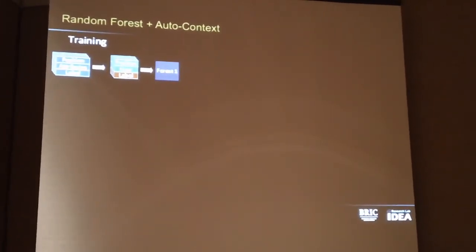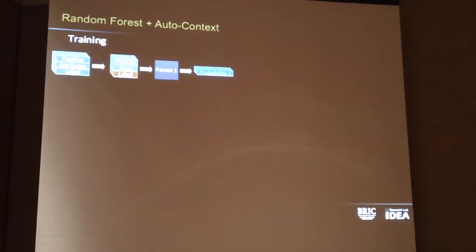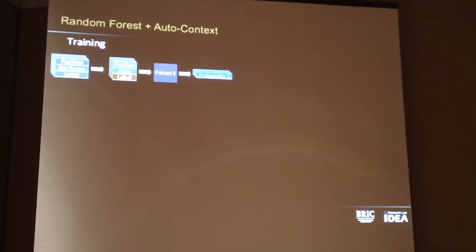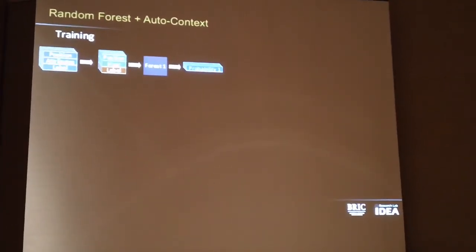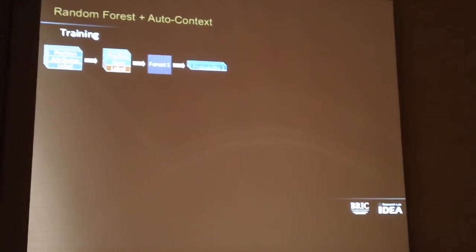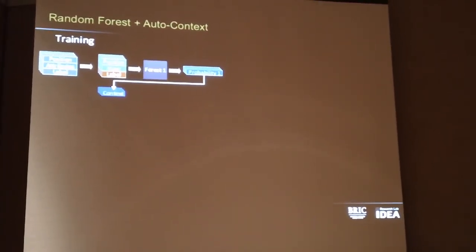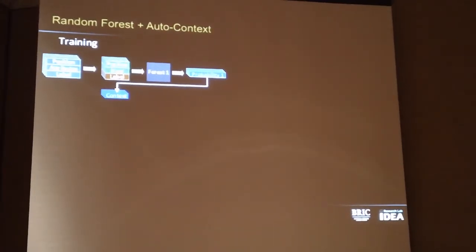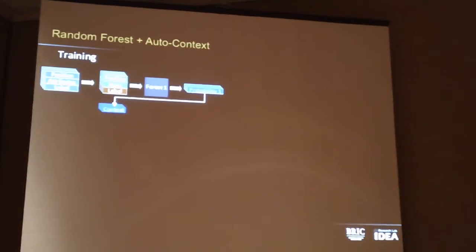Next, we can apply the forest to the training data and get a set of probability maps. Each probability map corresponds to a region. Next, we can compute the context features from the probability maps. The context features are also the highlight features, computed from the probability maps.